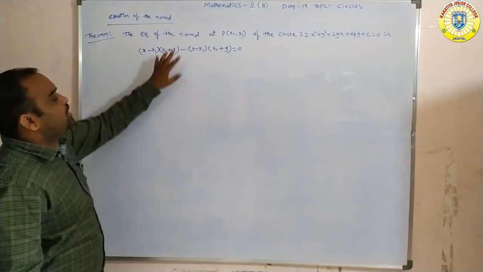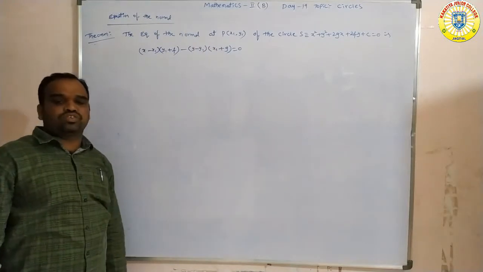This is the equation of the normal at the point P of x1 comma y1.